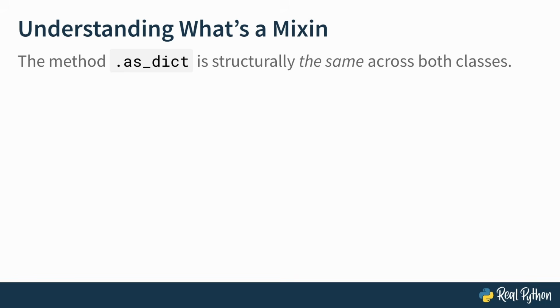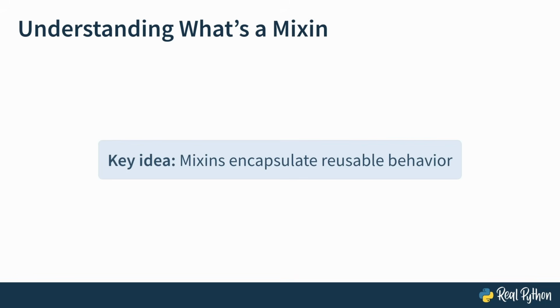So you might be wondering, isn't there a way for me to reuse the same piece of code across the classes Person, Car, and any other classes you create in the future that might also want to be serialized as a dictionary? And this is precisely the type of idea where Mixin classes come into play, because the key idea for Mixin classes is that they encapsulate reusable behavior that you might want to use across different unrelated classes.